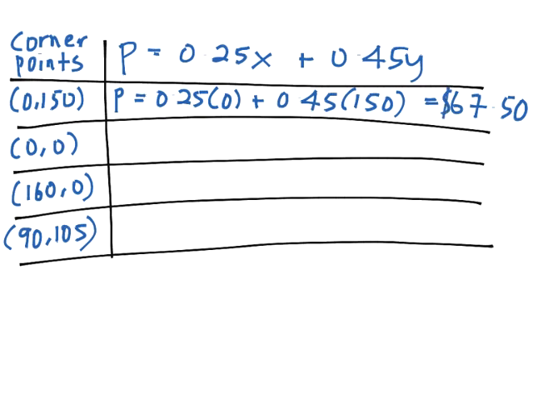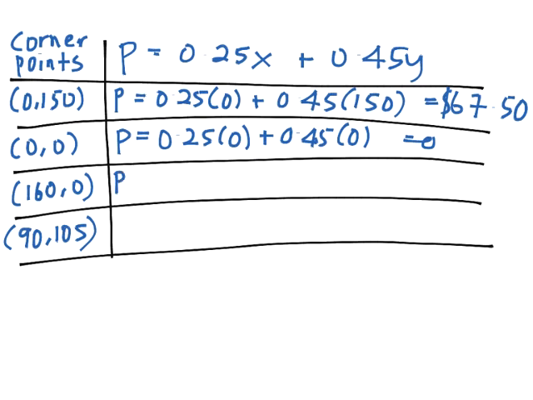Since this value is our profit, our profit will be $67.50. For the second corner point, 0, 0, obviously we have 0.25 multiplied by 0 plus 0.45 multiplied by 0, so we have 0 profit. Obviously we are not going to choose this corner point. For the third corner point, 160, 0, we have 0.25 multiplied by 160 plus 0.45 multiplied by 0.